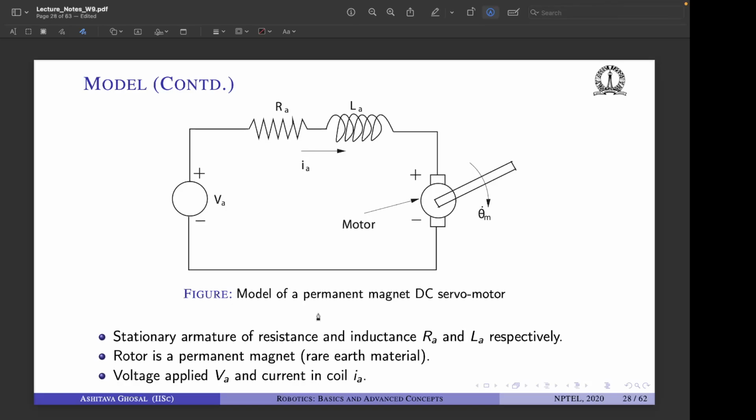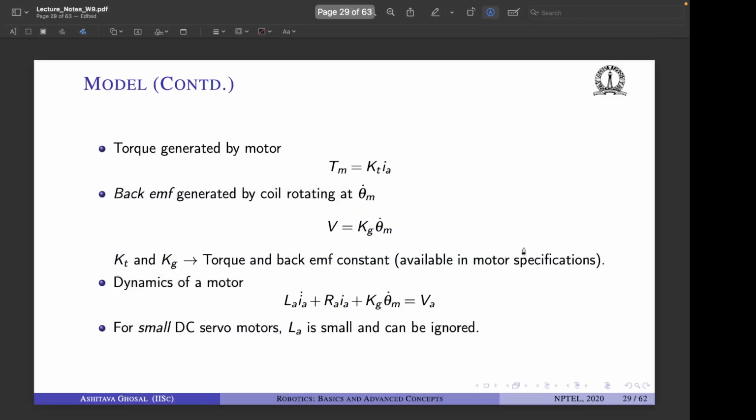So we model this as an RL, resistive and inductive, circuit. RA is the armature resistance, and LA is the armature inductance, and we apply a voltage VA, and the current in the coil or the windings of the motor is IA. So the higher the current, the more the torque, right? So once we have these notations cleared, we can move ahead.